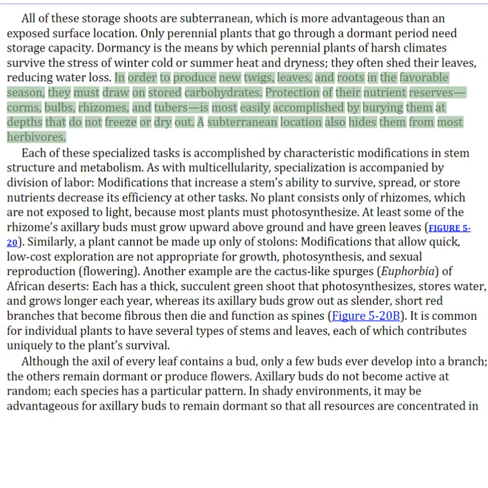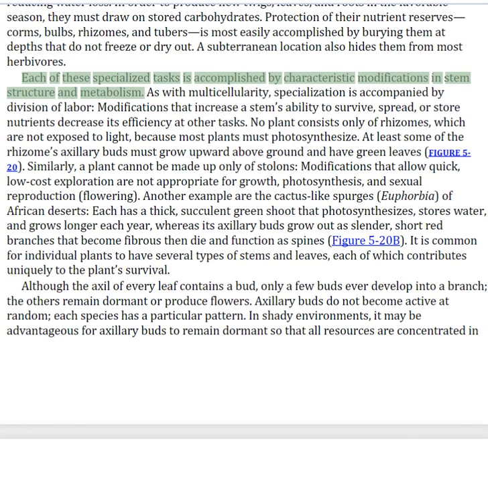Protection of their nutrient reserves, corms, bulbs, rhizomes, and tubers, is most easily accomplished by burying them at depths that do not freeze or dry out. A subterranean location also hides them from most herbivores. Each of these specialized tasks is accomplished by characteristic modifications in stem structure and metabolism.